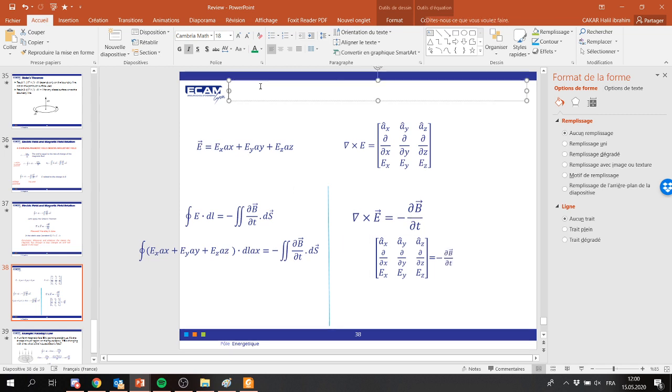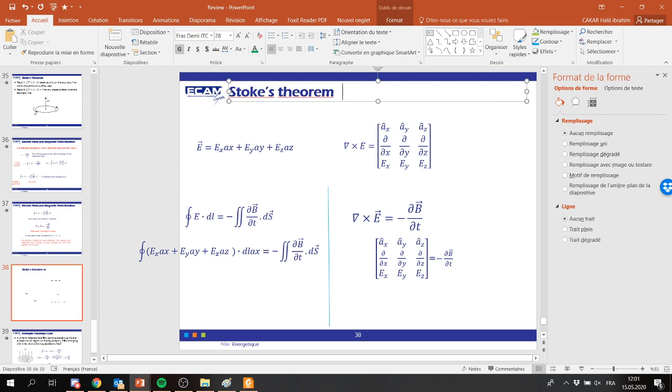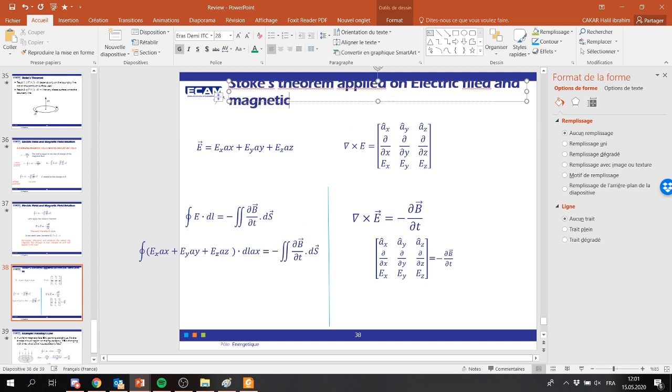Voilà. So this method versus the Stokes theorem, let's keep it applied on electric field and magnetic flux density. So it's just a comparison. I share it with you.